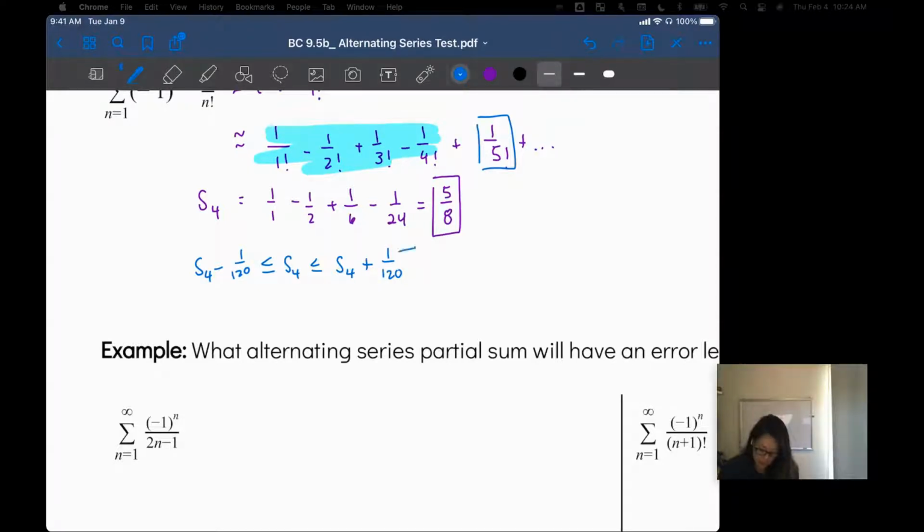So this is the next term, which for us would be a sub 5 since we were working on a partial sum of 4 terms.